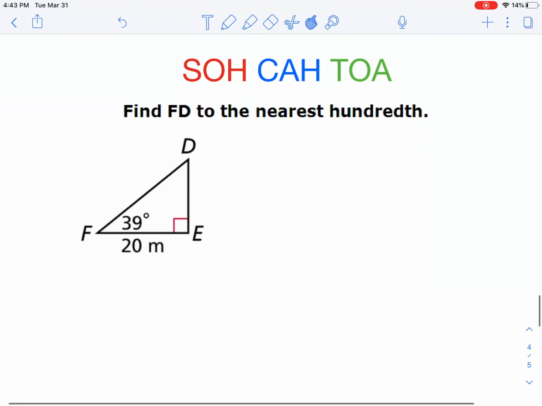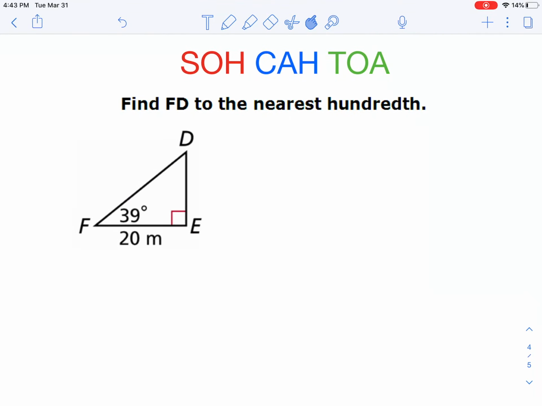Okay, let's move on to our last example. Feel free to pause this video if you want to give it a try on your own. Find FD to the nearest hundredth. So FD is right here. Circle your acute angle, angle F, the acute angle that we are given.